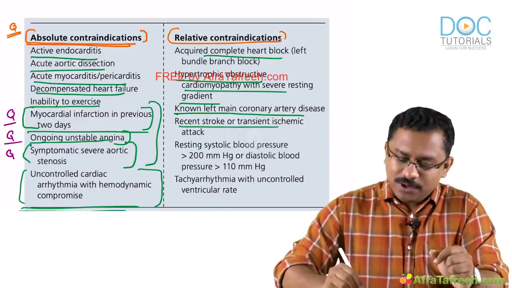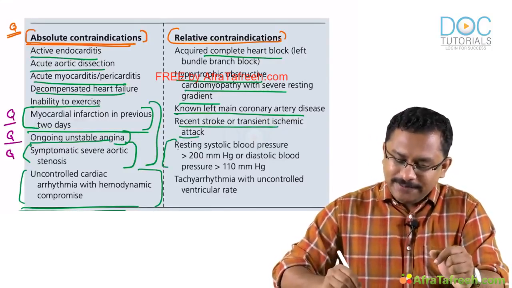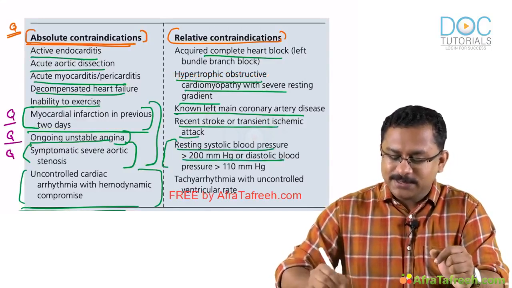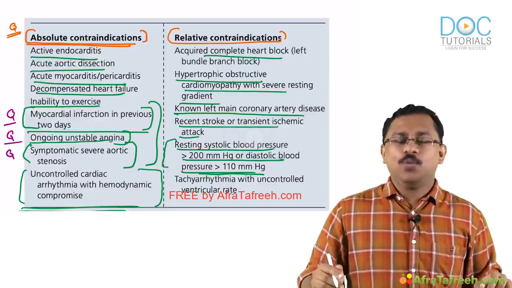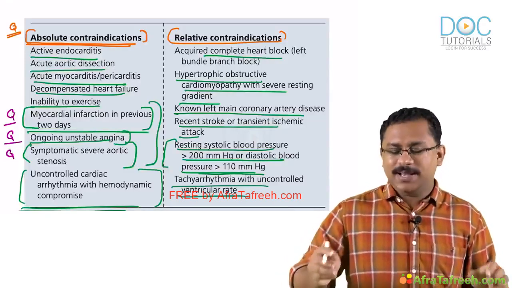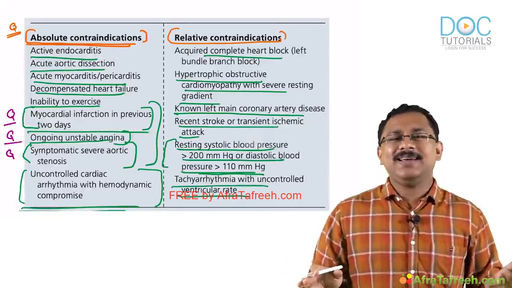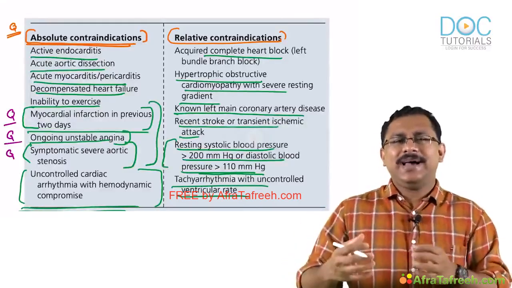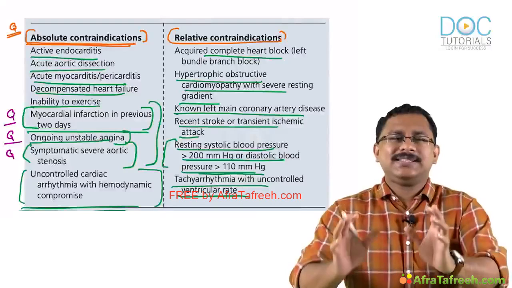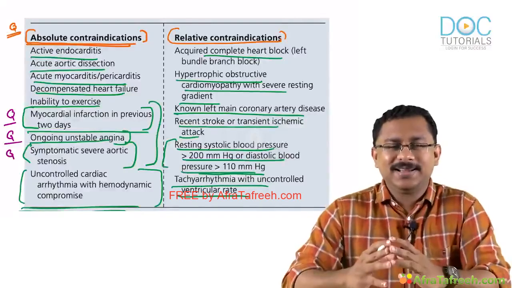A recent stroke or a transient ischemic attack, and when you check the blood pressure, when the BP is very high, more than 200 millimeters systolic or diastolic more than 110, and tachyarrhythmias with uncontrolled ventricular rate, for example atrial fibrillation where the rate is not controlled. Such a condition is also a relative contraindication.